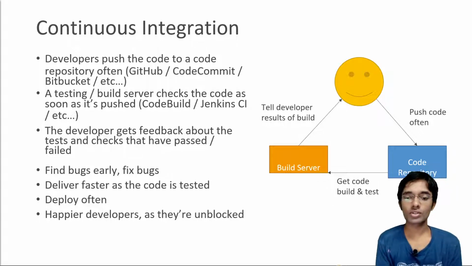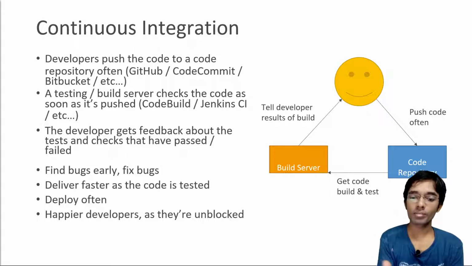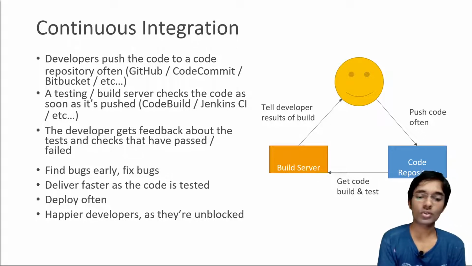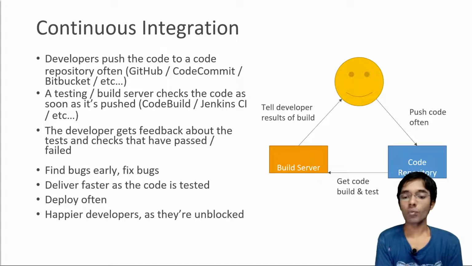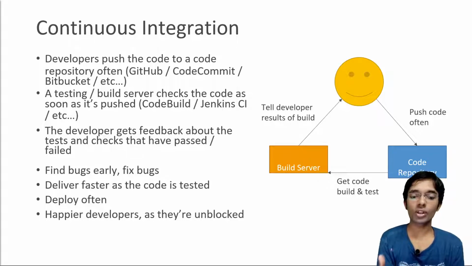So let's go back to the basics of continuous integration. Developers push code very often to a code repository, and that could be GitHub, CodeCommit, or Bitbucket. You need to make sure the code they push is valid and can be built.